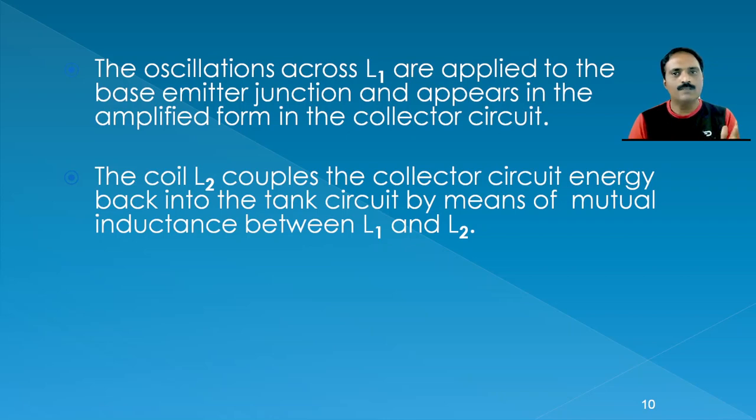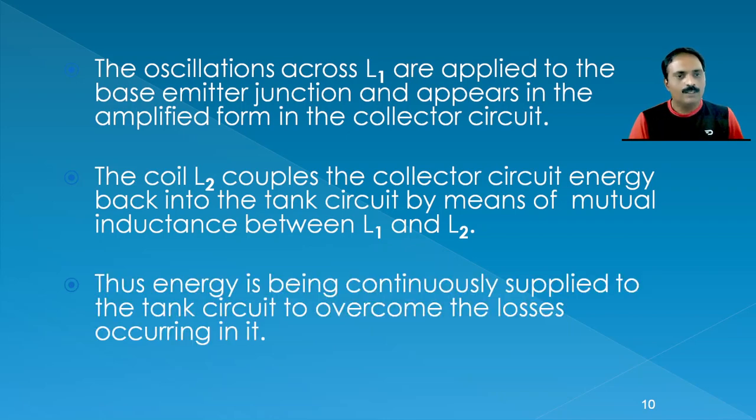So whatever energy is taken from the collector circuit by L2 will be given to the input side through the inductive action between the coils L2 and L1. Whatever energy we are feeding to the input will be supplied to the tank circuit to overcome the losses.